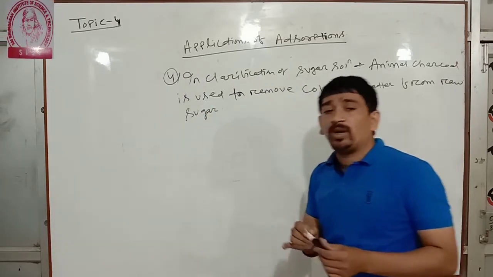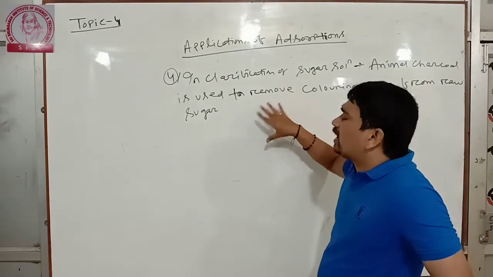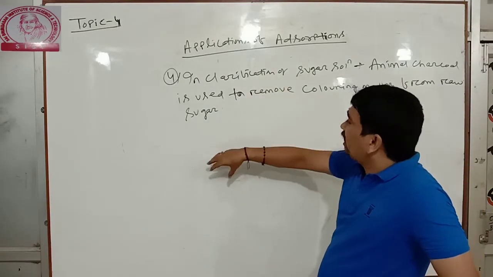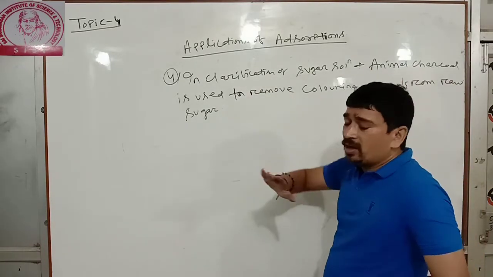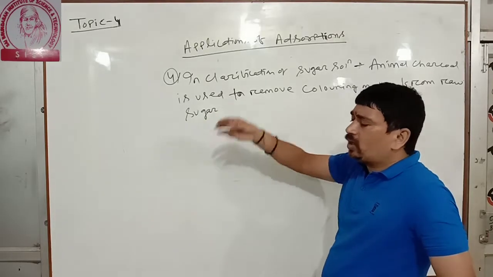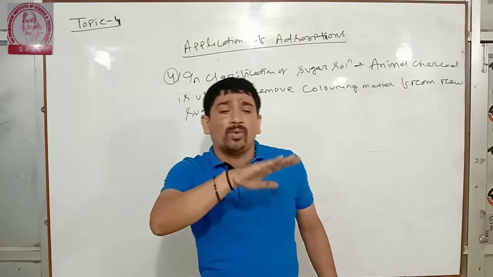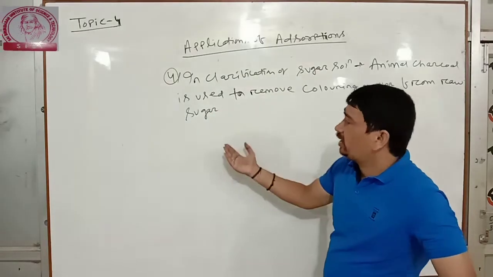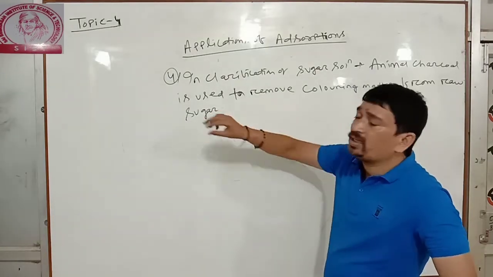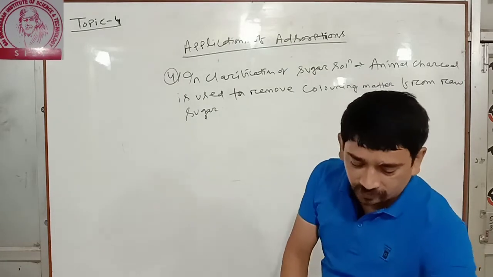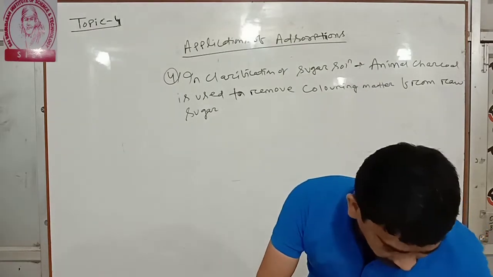Raw sugar means the simple jaggery-like sugar with black color. That color gets adsorbed on the surface of the animal charcoal. So due to adsorption, the coloring material gets adsorbed on the surface of the charcoal, whereas we get this colorless sugar, that is white color. Last, I will get white color.